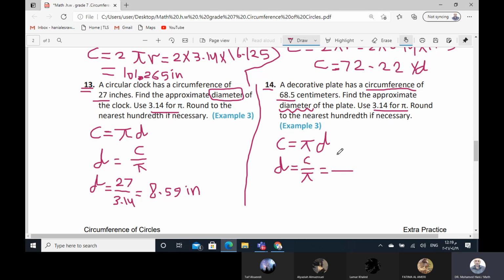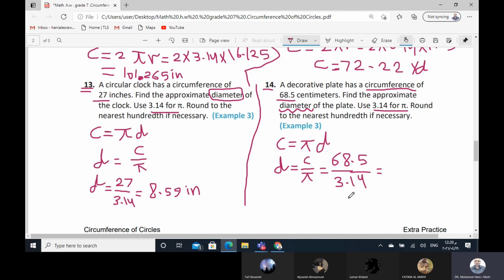Now the value of C will be 68.5, and the pi will be 3.14. And now we want to divide 68.5 divided by 3.14.